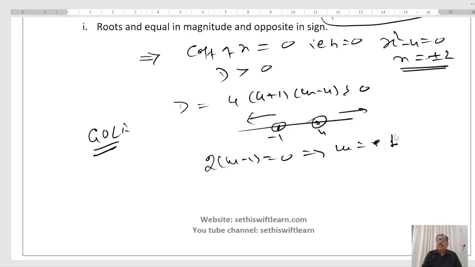m equal to 1. Conclusion: for D to be greater than 0, m is less than minus 1 or greater than 4.